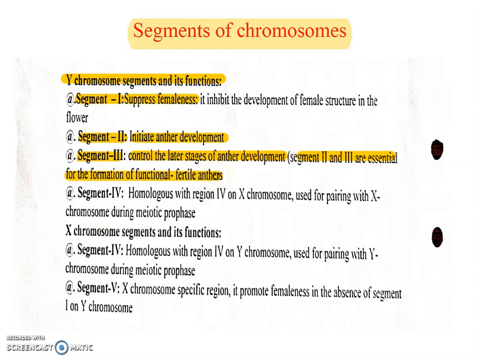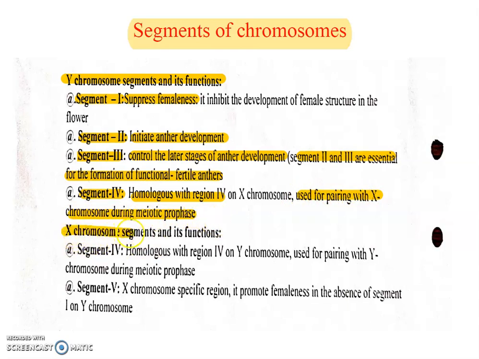Segment 4 is homologous with the 4th region on the X chromosome. So segment 4 is common in the X and Y chromosomes, and it is used for pairing with the X chromosome during meiotic prophase.